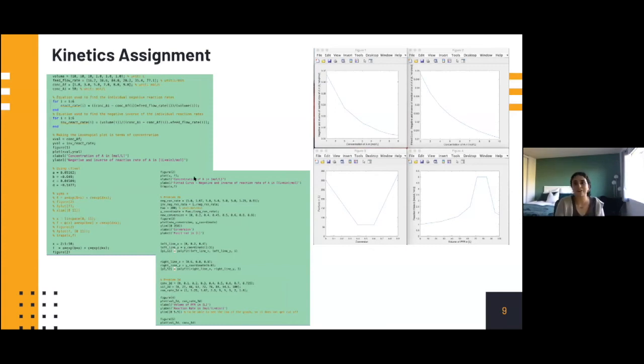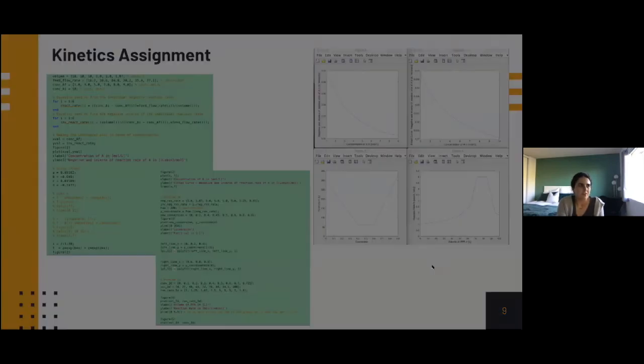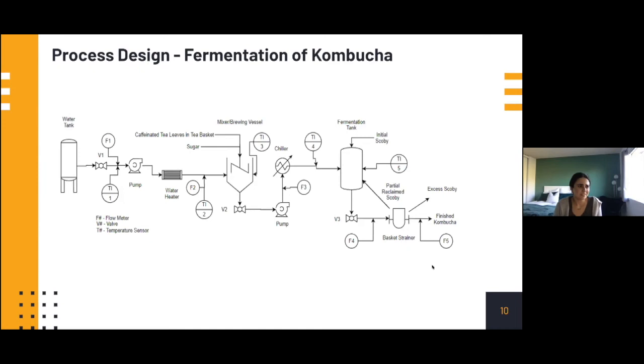I'm currently in kinetics, and this was a sample of my homework assignment. As you can see, I have for loops. I just graphed a bunch of data, and from this data I had questions about specific chemical reactions. So, a lot of data and graphing. This is something I just turned in a couple of weeks ago.